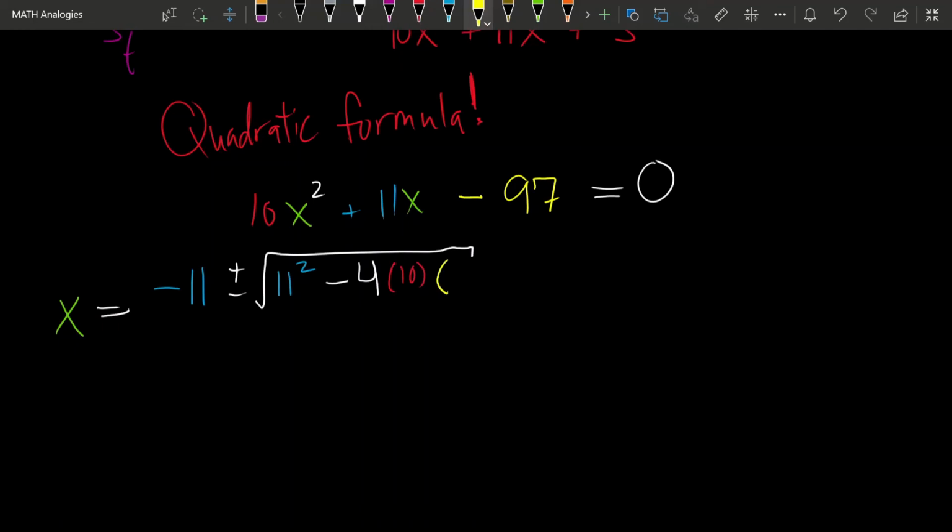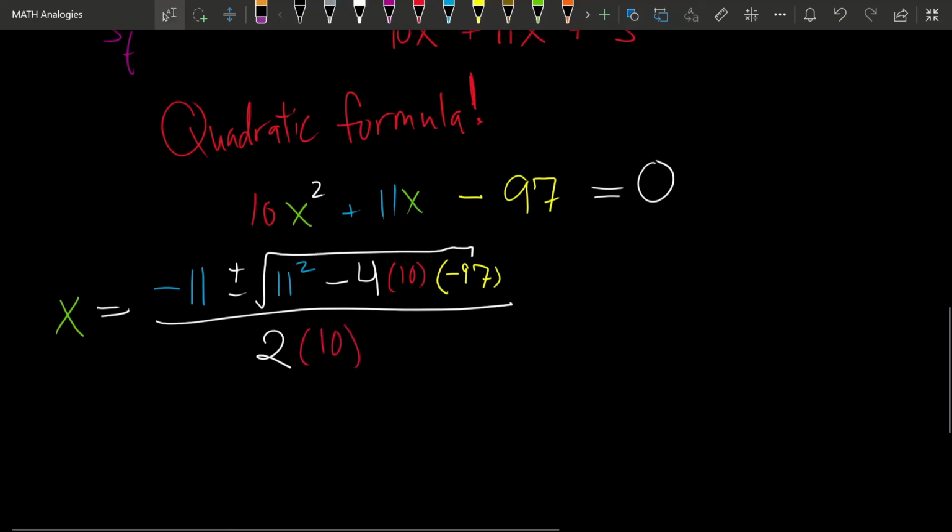And the yellow number is negative 97, remember? And we divide this whole thing by 2 times the red number. This should give us the correct answer for x.